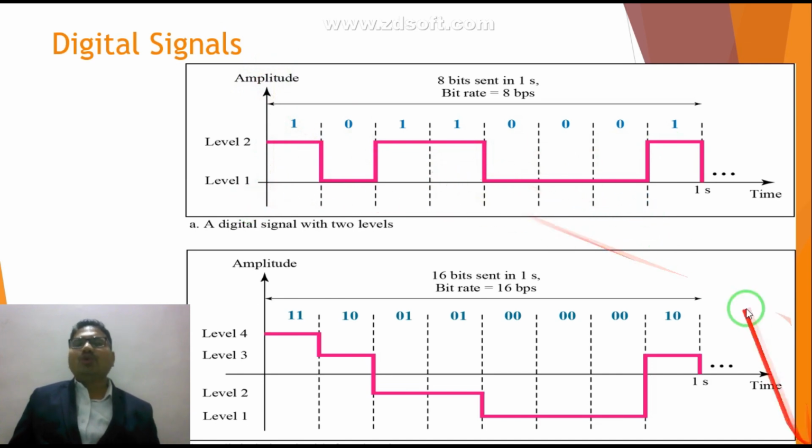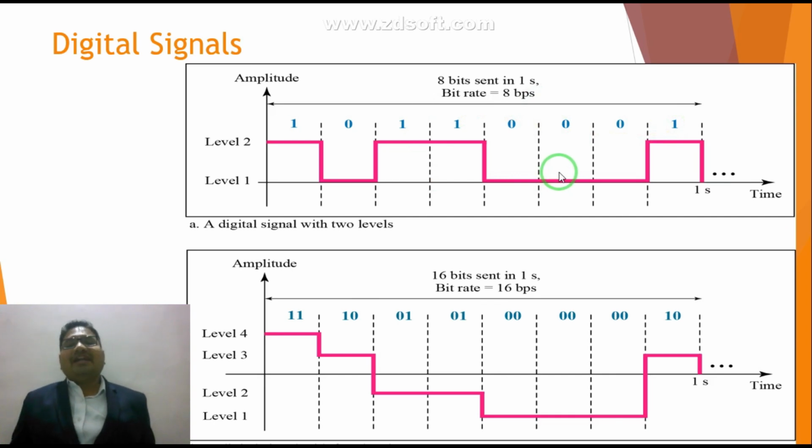Why two levels? Because 1 and 0, only two levels are there. Level 1 is 0 and level 2 is 1, that is, it has some positive voltage. You can see on the screen this is a duration of 1 second. And how many bits are there if you count? 1, 2, 3, 4, 5, 6, 7, 8. That is 8 bits sent in 1 second.